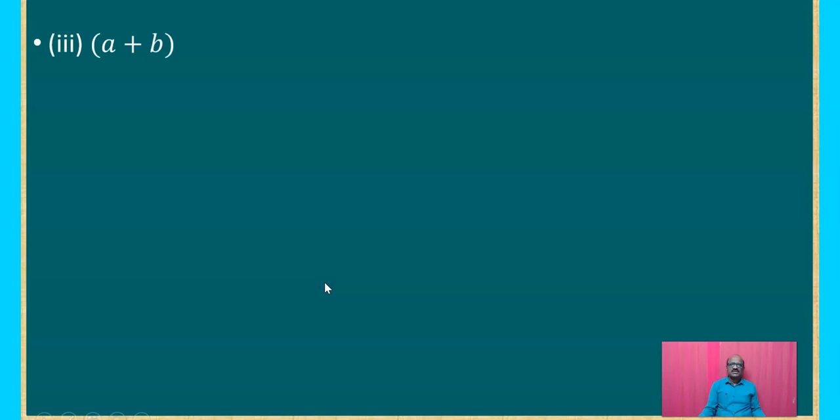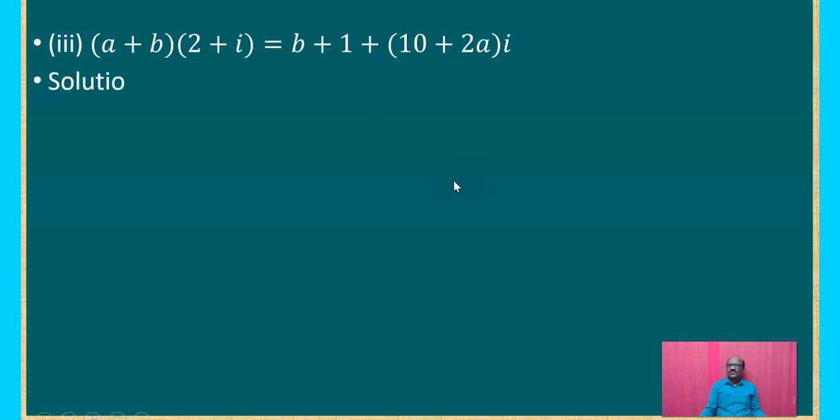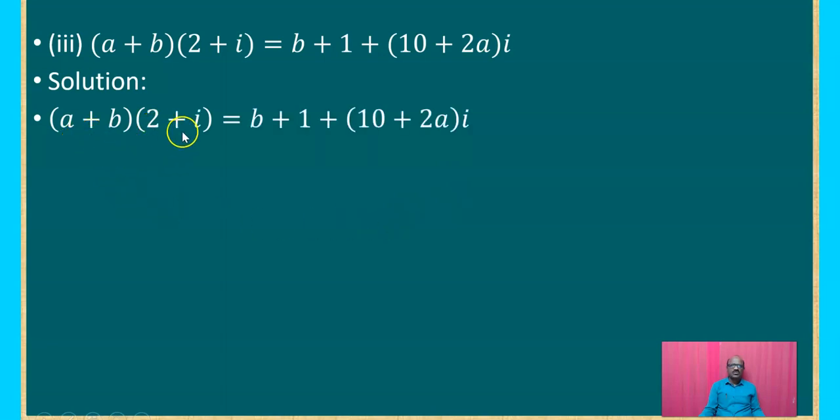Next is a plus b in first bracket, second bracket 2 plus i is equals to b plus 1 plus 10 plus 2ai. Now first of all we want to simplify this. a plus b, second bracket 2 plus i is equals to b plus 1 plus 10 plus 2a bracket complete i.